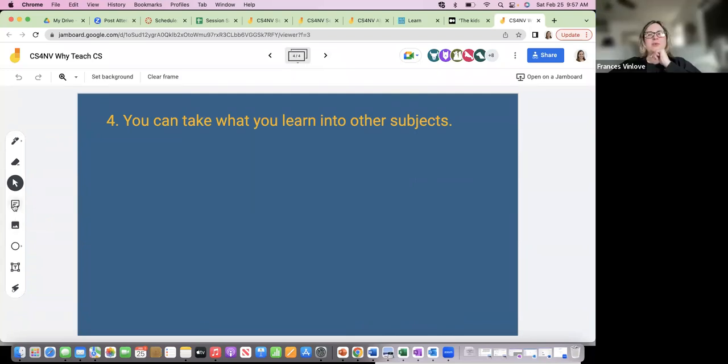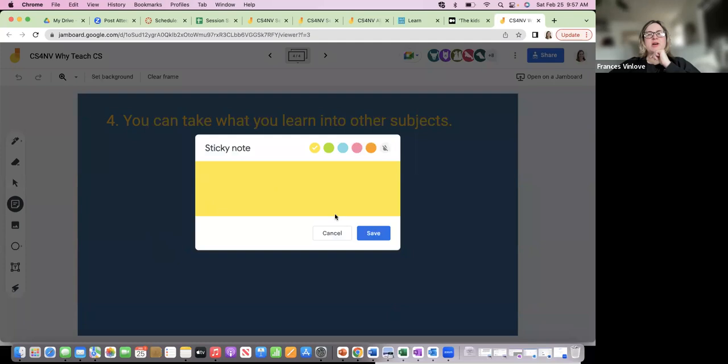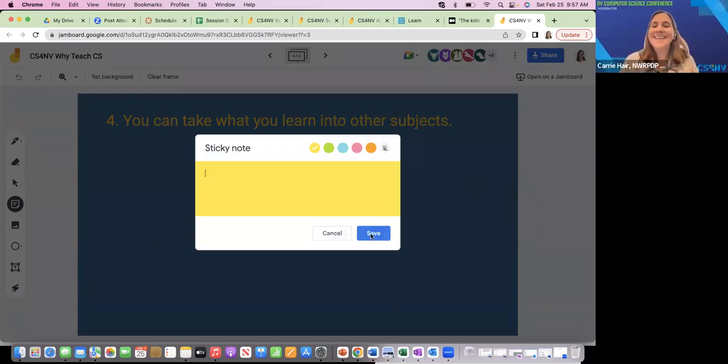Carrie, sorry, was the sticky note that we put in just like our thoughts on that section? Yes.